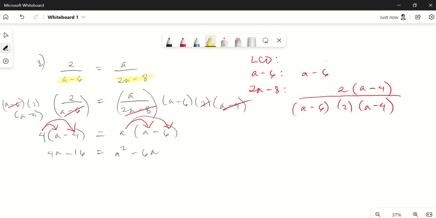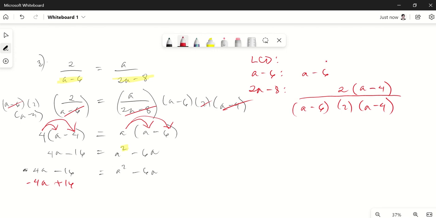Since the highest degree of the equation is 2, the technique here is to make sure that one side of the equation is 0. To do that, we need to add the additive inverse of 4a, which is negative 4a, and the additive inverse of 16, which is negative 16... which is positive 16.